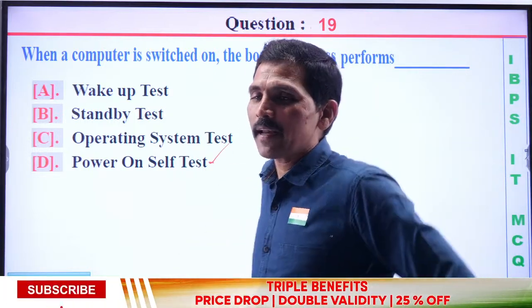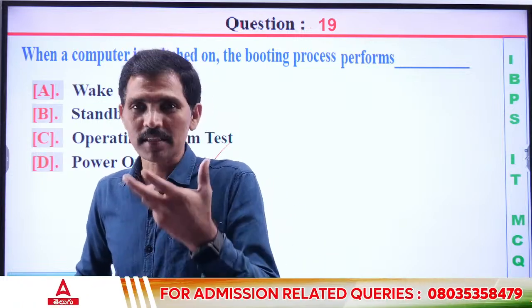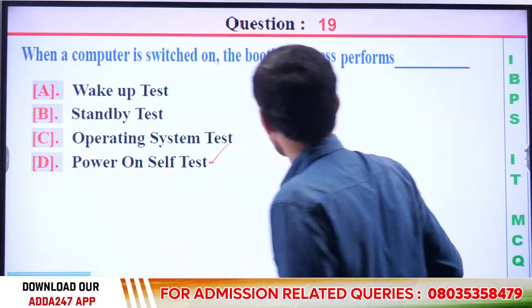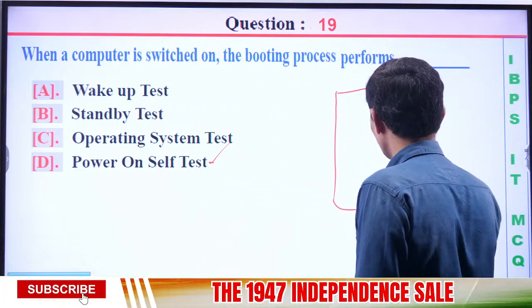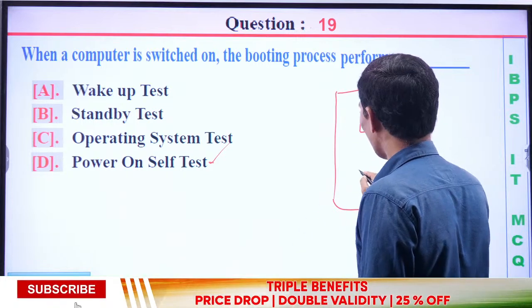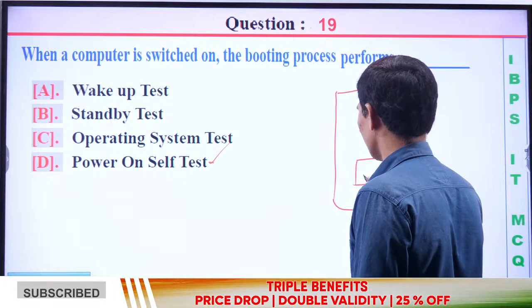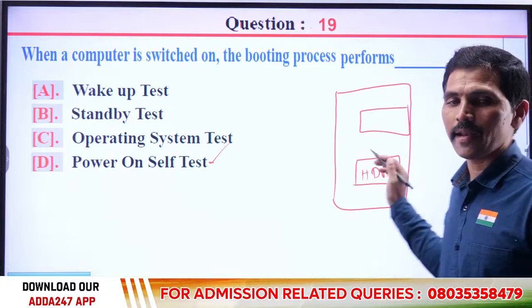Now, what do you mean by operating system? How does it work? I am going to give a small explanation. Suppose there is a CPU. In that CPU, there will be some RAM, and a hard disk, HDD, as well.